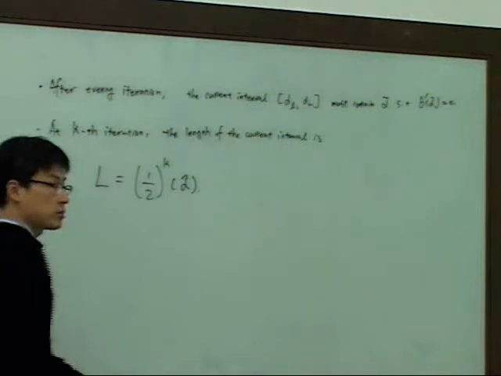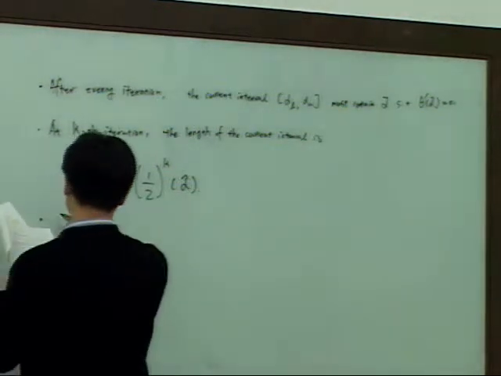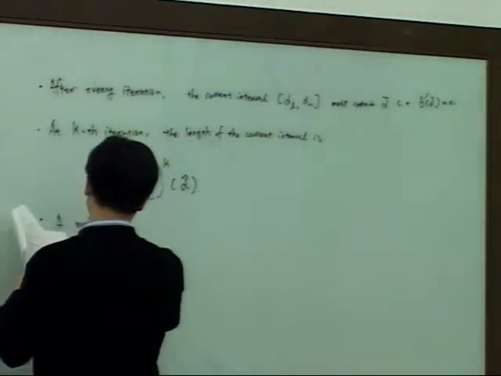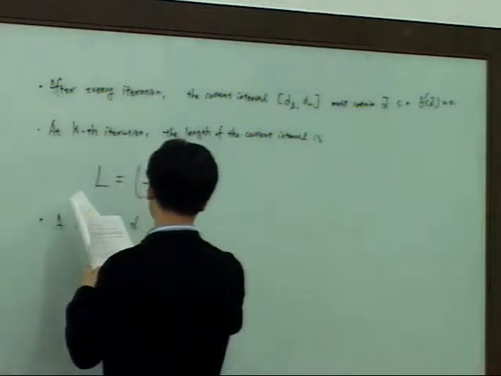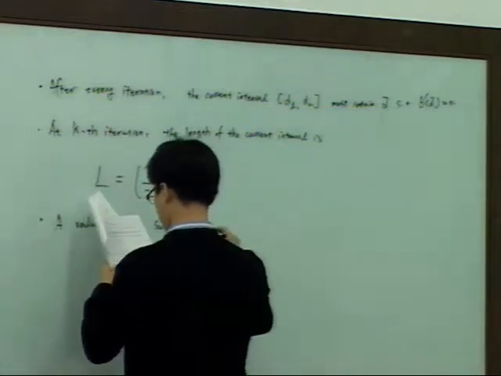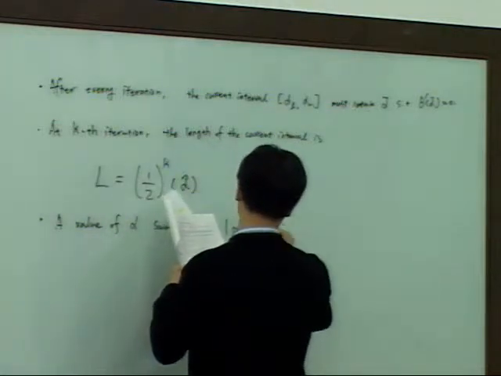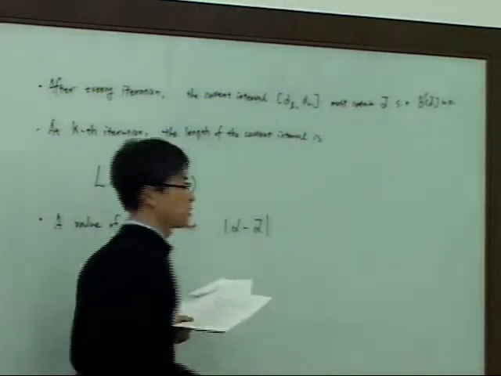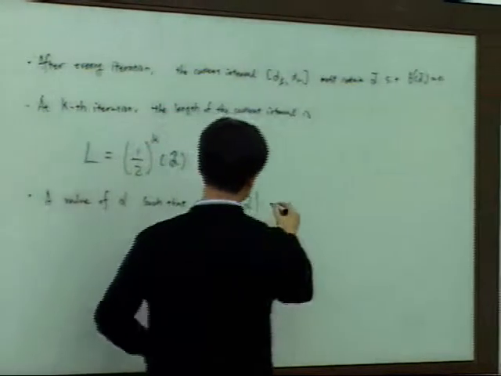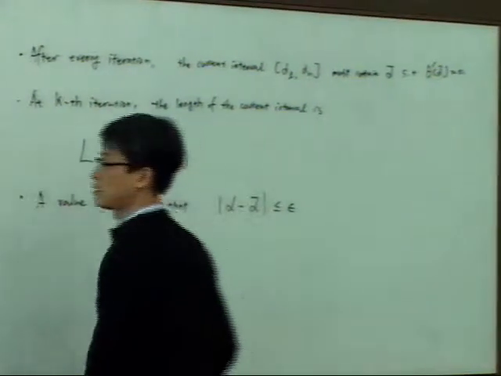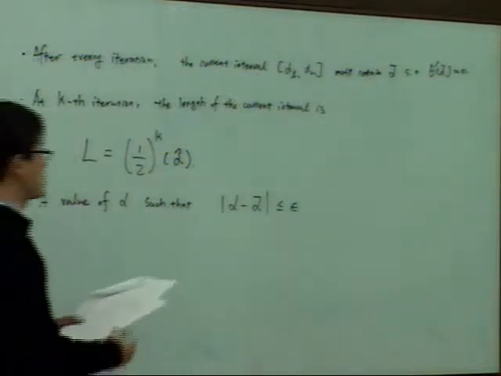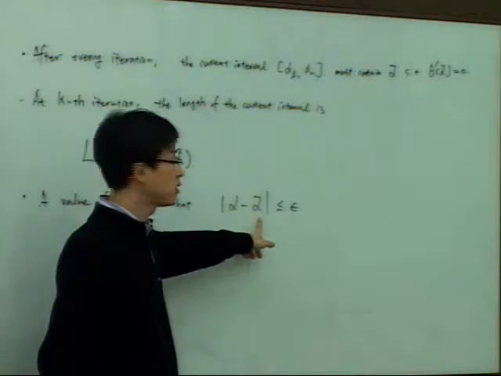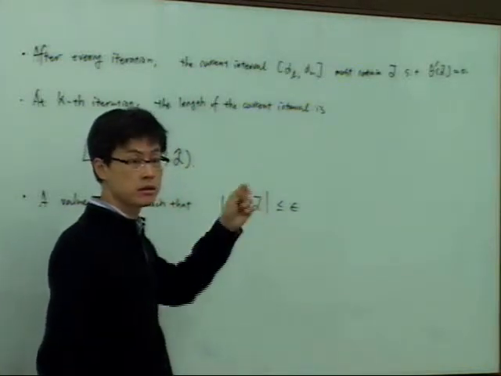And another observation is a value of alpha such that the norm of alpha minus alpha bar is less than epsilon, because this alpha bar is the real analytic solution and alpha is the current location.